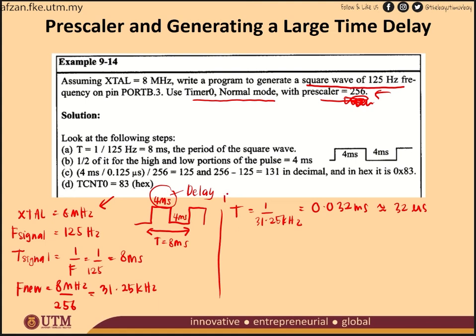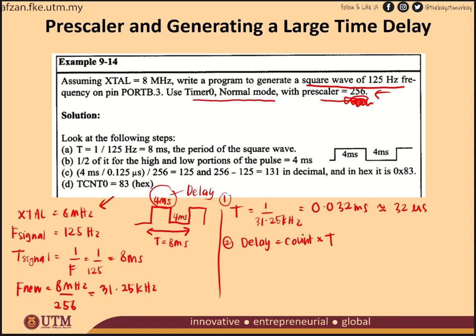Alright, so this is your first equation. Second equation is delay equals count multiplied with your period, your T clock.